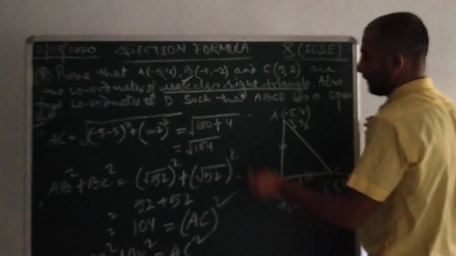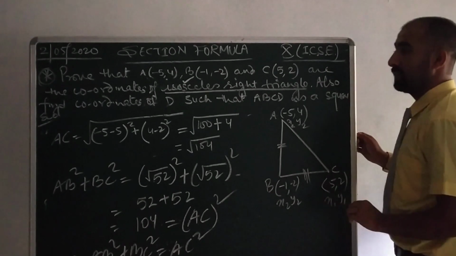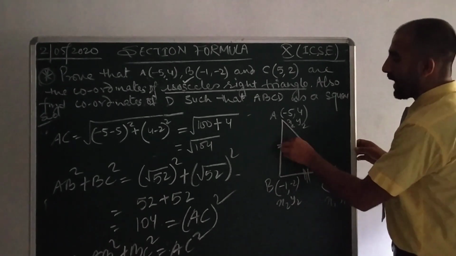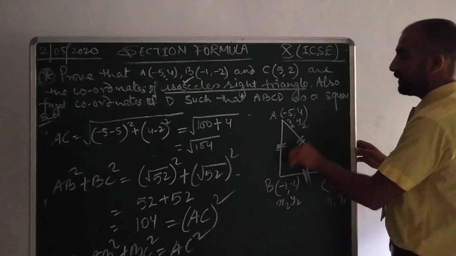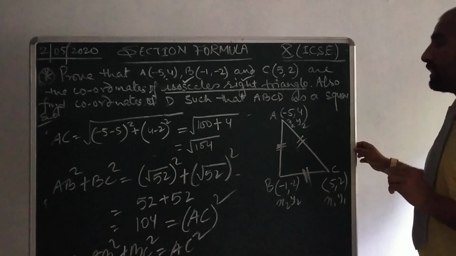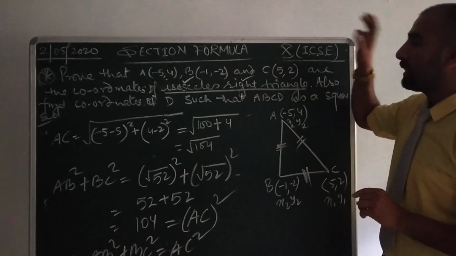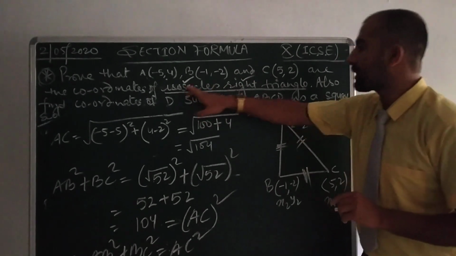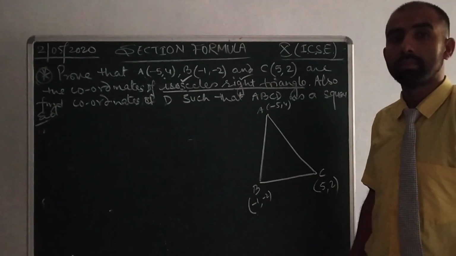These two sides are equal, that is isosceles. So the given coordinates are the coordinates of an isosceles right triangle.